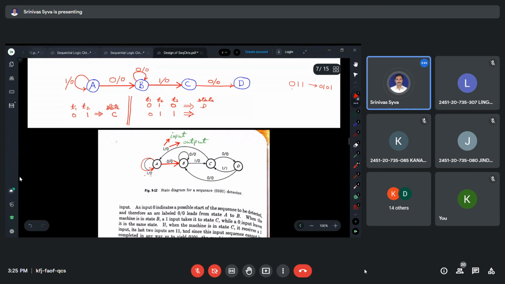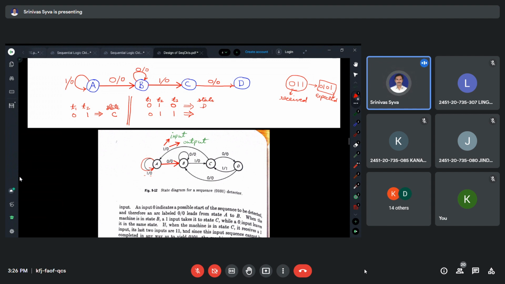Failure happens. Our expected pattern is this one, but we have received this one, for example. So if we receive 0, 1, 1, then the detection of the sequence is ruled out, because after 0, 1, we should get 0 only. But after 0, 1, if we receive 1, the pattern cannot be completed.